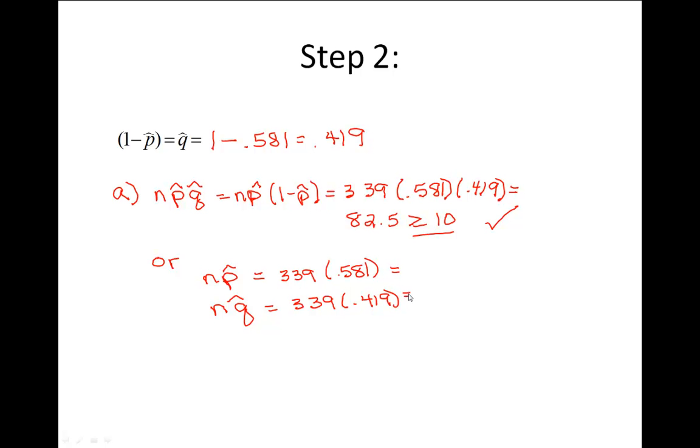Calculating both of those, 339 times 0.581 gives us 196.96, which must be greater than or equal to 5, which it is, and 339 times 0.419 gives us 142.04, which is also greater than or equal to 5.